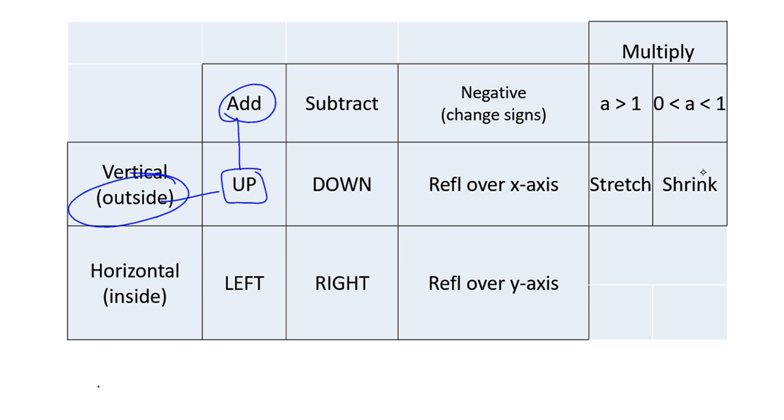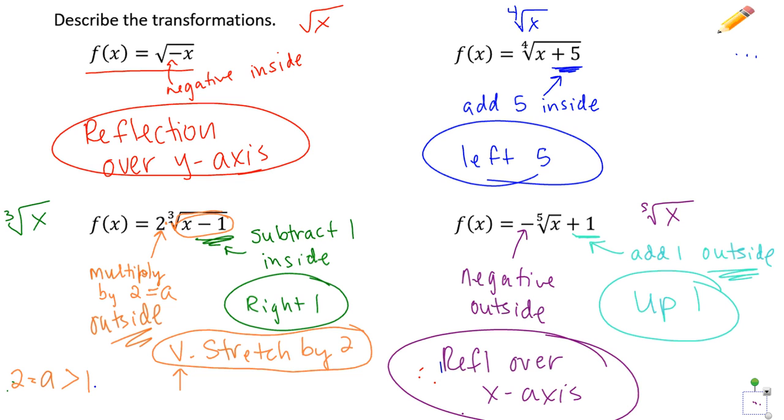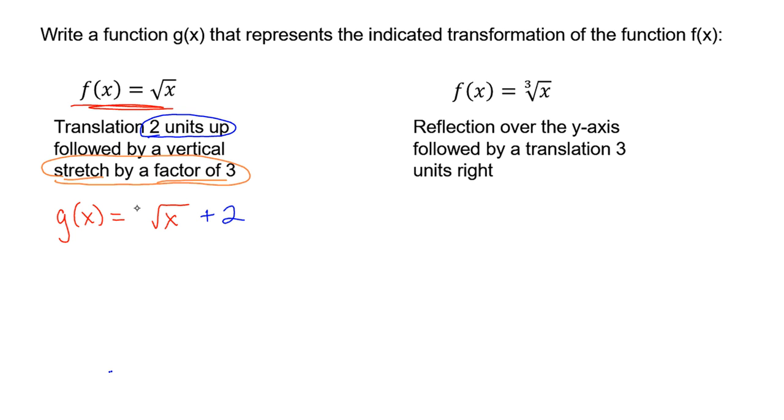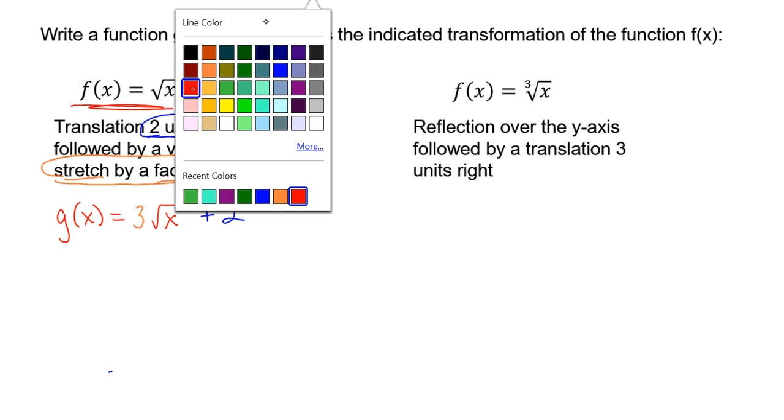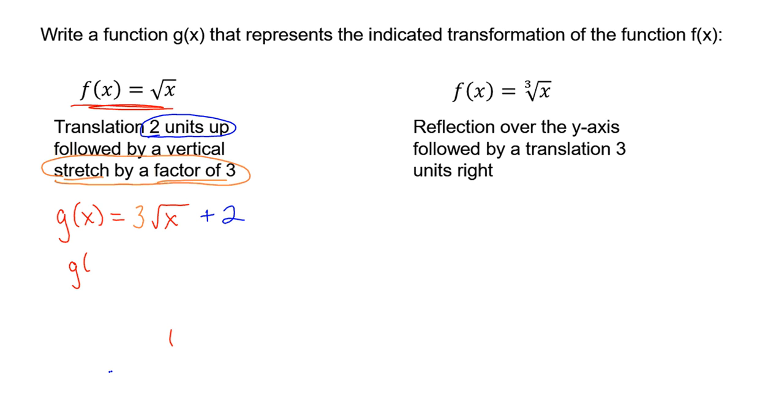Okay, we're doing a stretch, which means multiply, and where do we multiply? Outside. And that's it. That's our new function. G of x equals 3 square root of x plus 2.